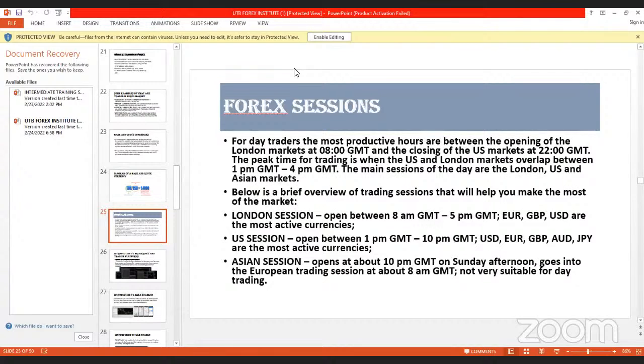So their currencies will be more volatile. What do we mean by volatile? We will have more transactions, more volume, in their time zone. What we mean by this is that Nigeria has an official time. Our official time is 8 a.m. in the morning to around 5 p.m. in the evening, which is in line with the London session.